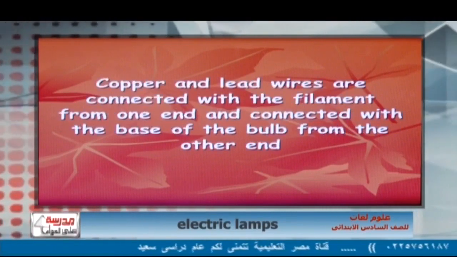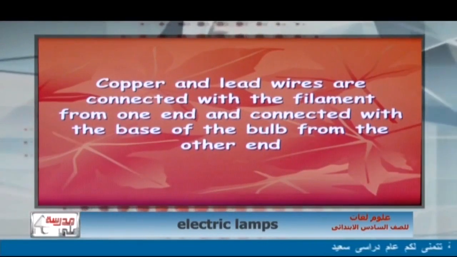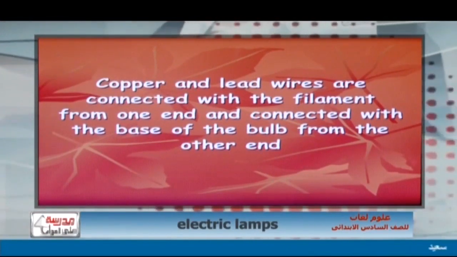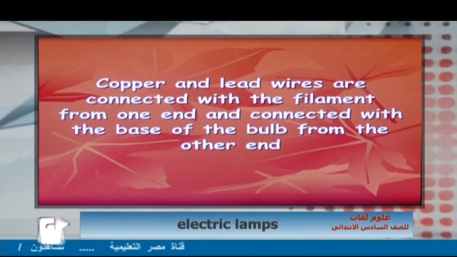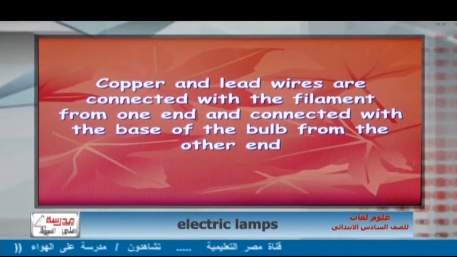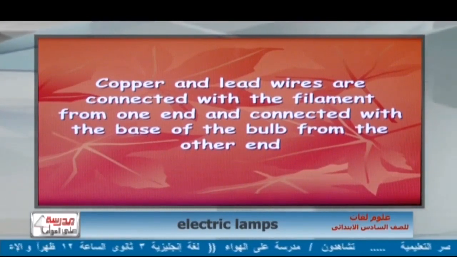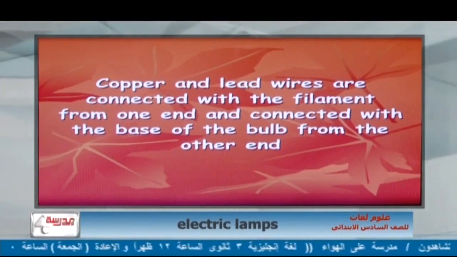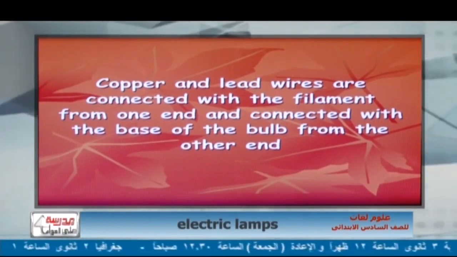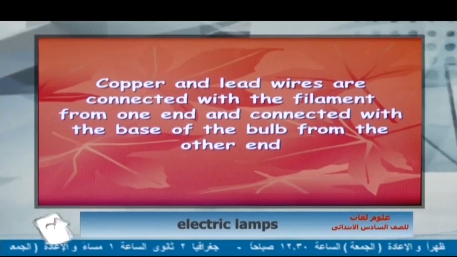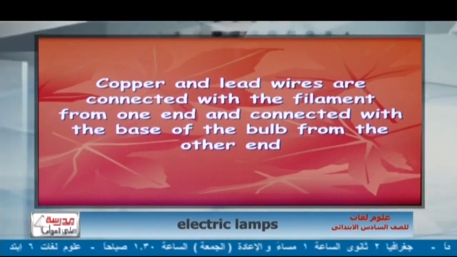Another question. It seems to be a long question, but it is a very easy question at the same time. Copper and lead wires are connected with the filament from one end and connected with the base of the bulb from the other end. So what is their function, why are they present in the light bulb or electric lamp?